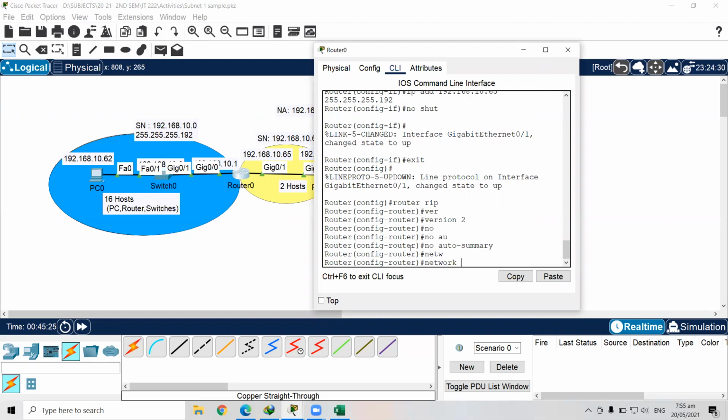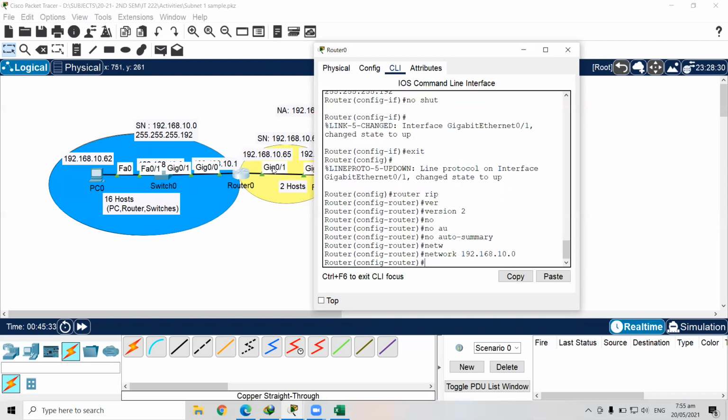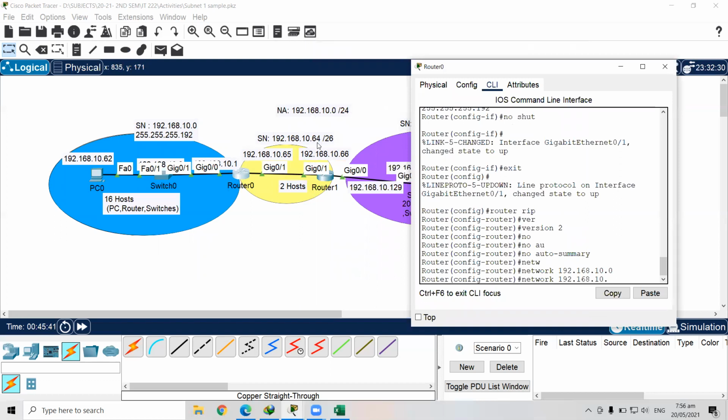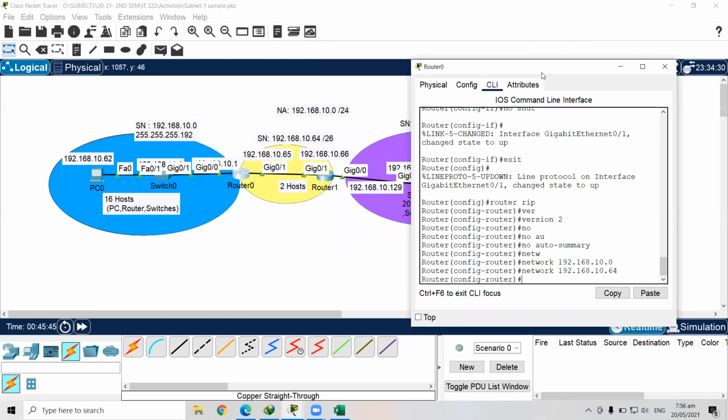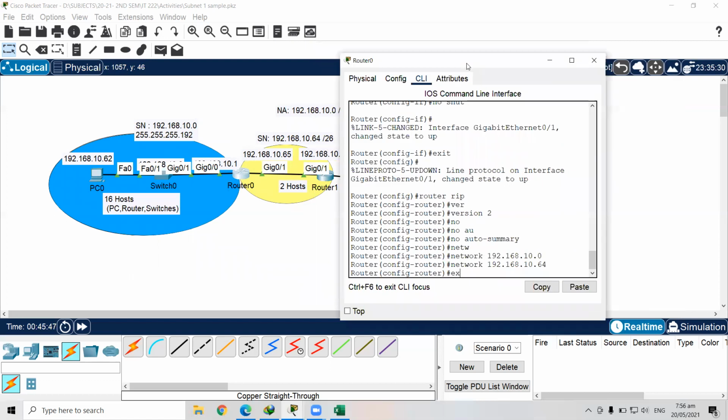Ano yung network niya dito sa side na to? Ito siya, 192.168.10.0. Sa kabilang side, anong network niya? Ito, network 64. Okay, exit.